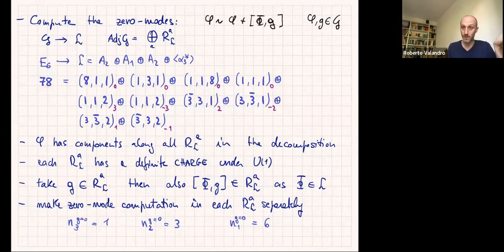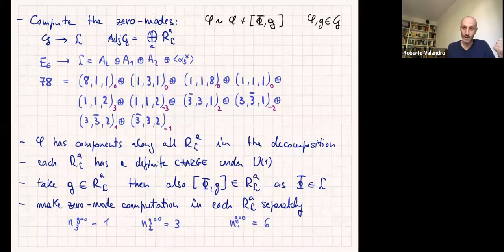Now, what you can immediately see is that each of these representations has a definite charge. So the modes coming from this direction, let's say, the deformation going in that direction, have charge 2. The modes here have charge 3. The modes coming from here have charge 1. Moreover, if now you take G, just the G of the gauge transformation belonging to one of these representations, then the commutator of phi and G is also in that representation. Okay, because phi is in the Levi subalgebra, so this is a representation of the Levi subalgebra.